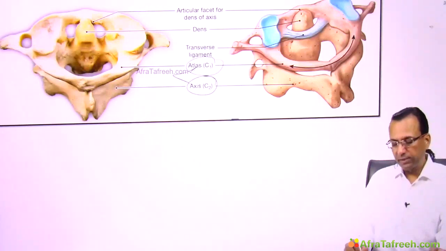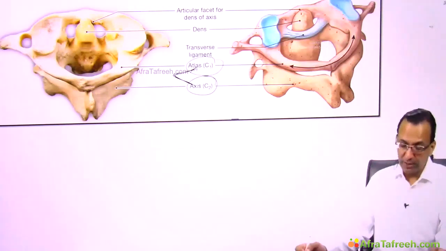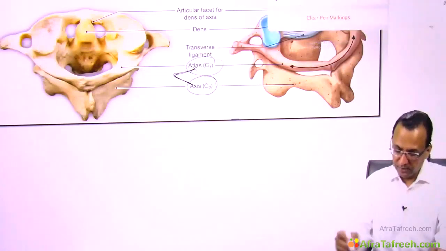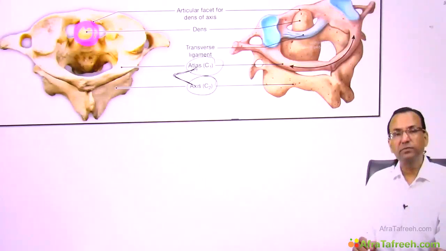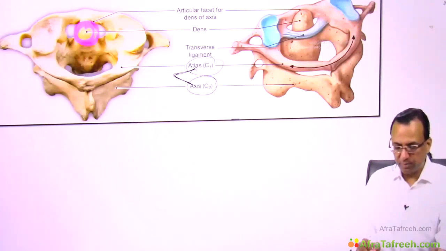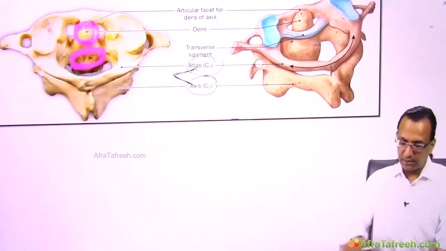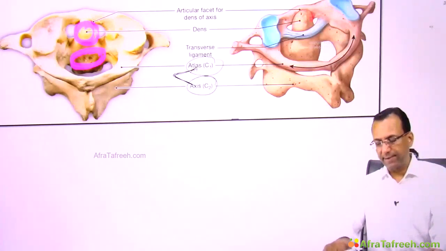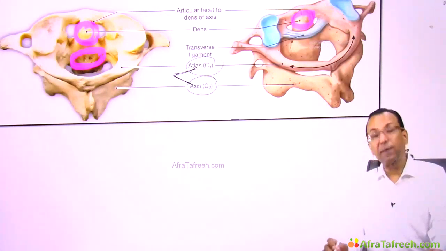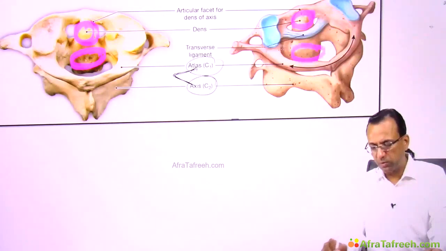And what kind of joint is the C1, C2 atlantoaxial joint? You see now, can you see this? This is the dens or odontoid process. This is the body of C2. I think what you are telling is that the odontoid process appears to be the body of C1 vertebra fused with the C2 vertebra body.